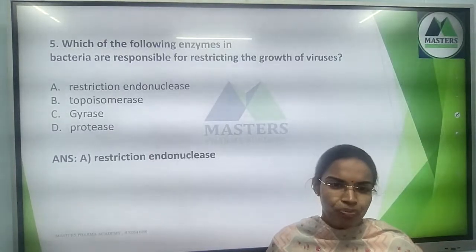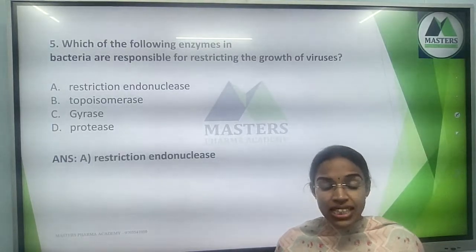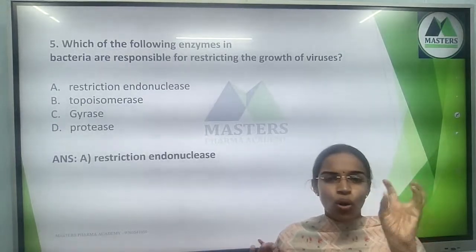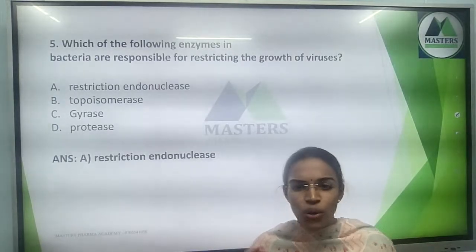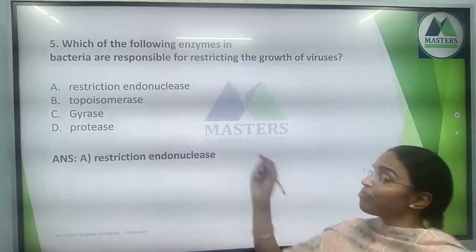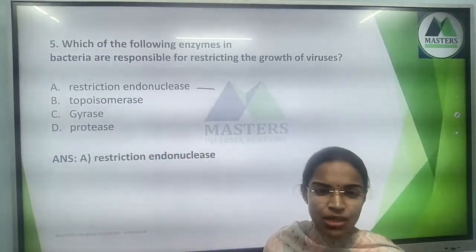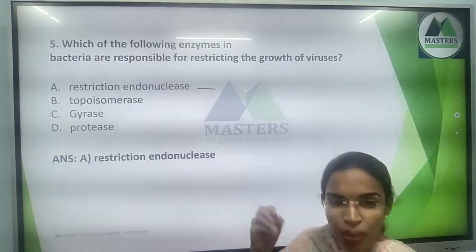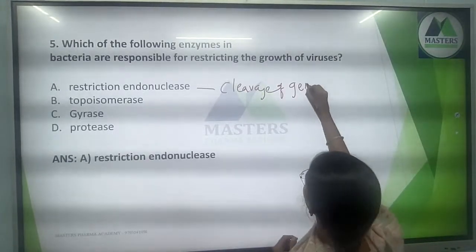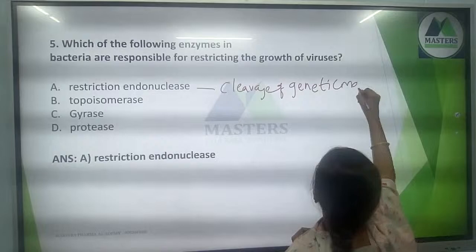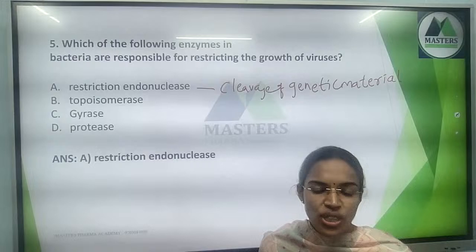How do restriction endonucleases act? What is their mechanism of action? Please try to correlate, don't just read a particular point. They prevent or restrict the growth of viruses by cleaving their genetic material, the viral genetic material.